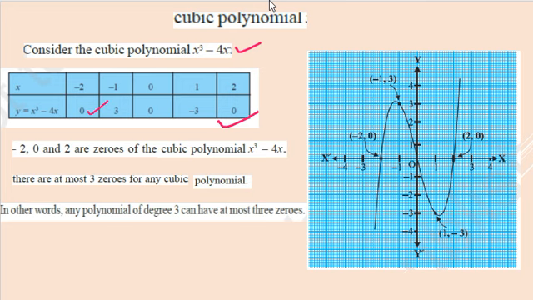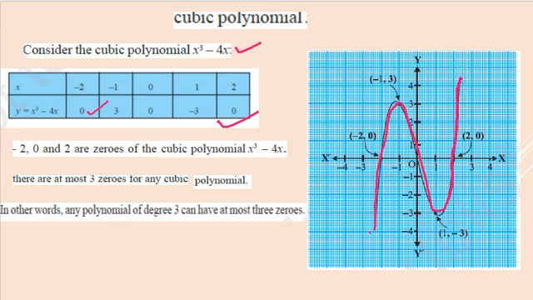After getting this table, I think you have graph paper and can plot it. After completion, you see the graph moving like this.